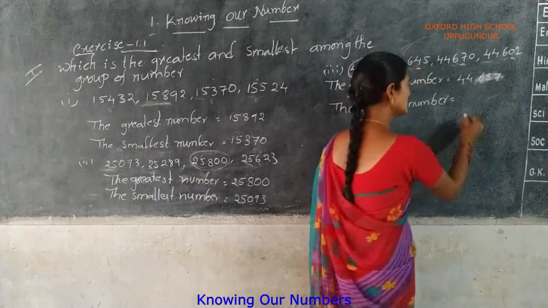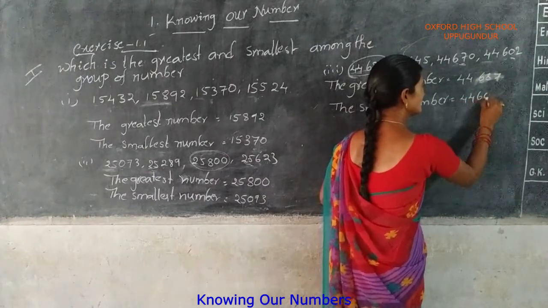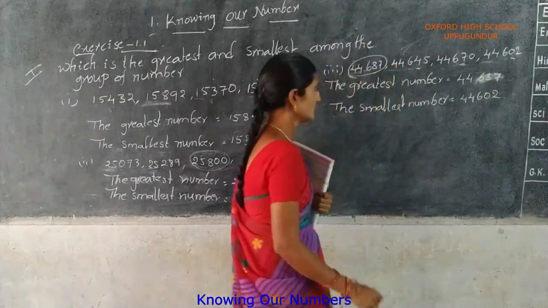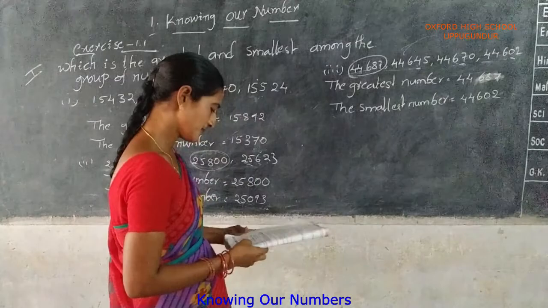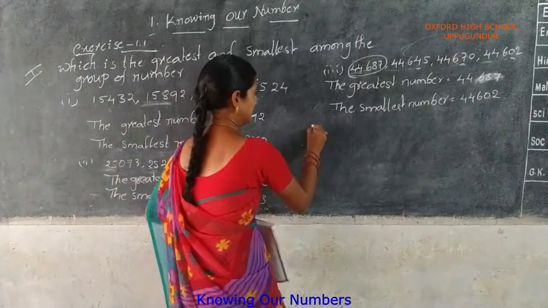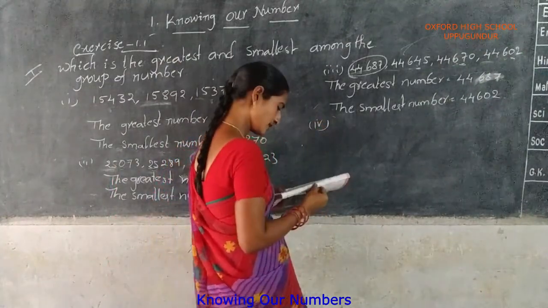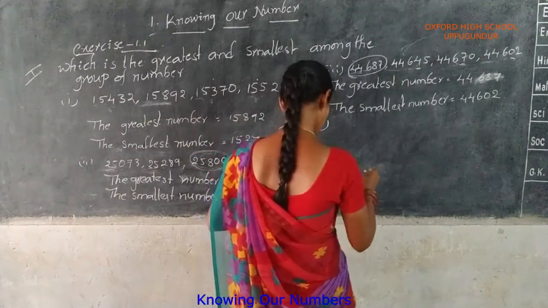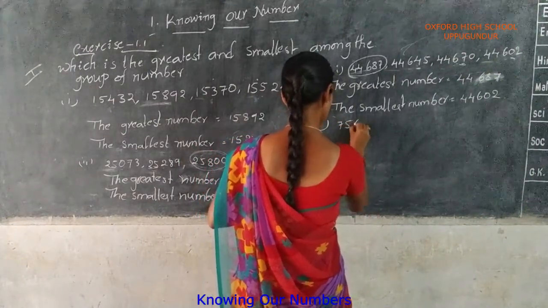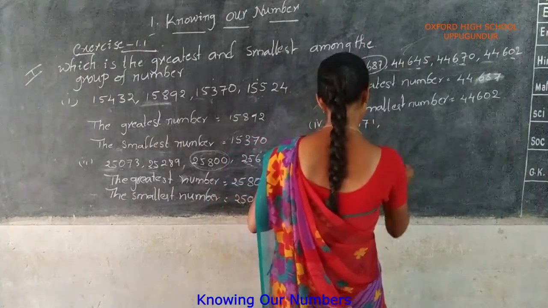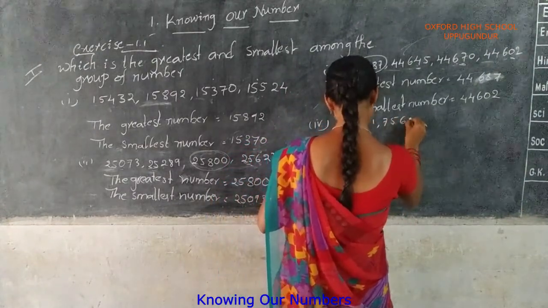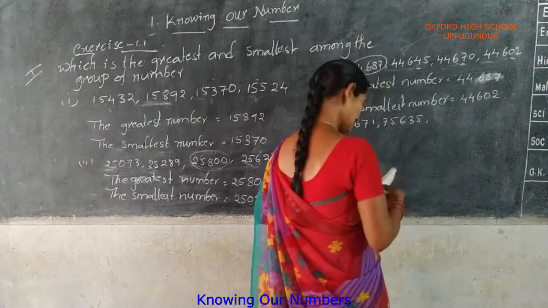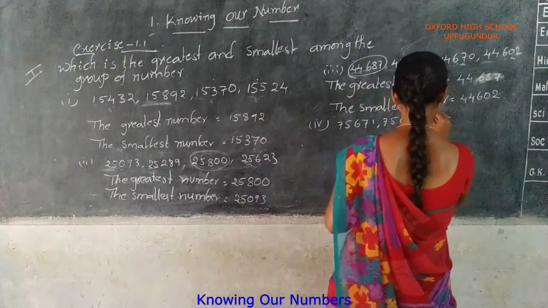Which is smallest? 44,602 is the smallest number. Next, the fourth one: 75,671, 75,635, 75,641.